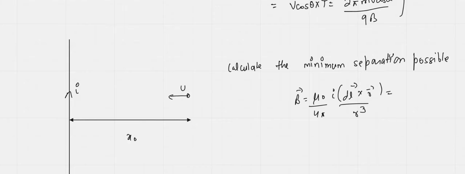If you rewrite it further, 2 pi times, where the dl part is 2 pi r, divided by 4 pi r squared, the r cancels. So the formula is mu naught I by 2r. This is the formula.